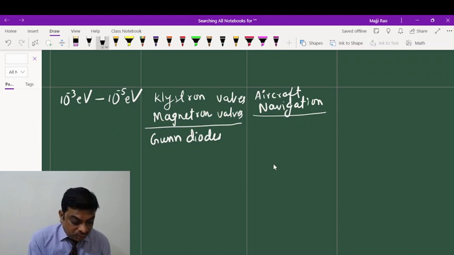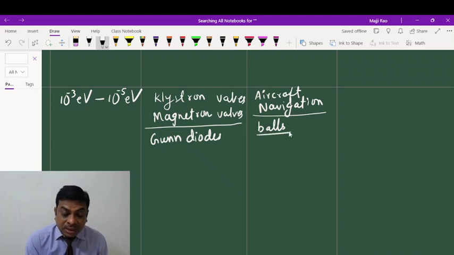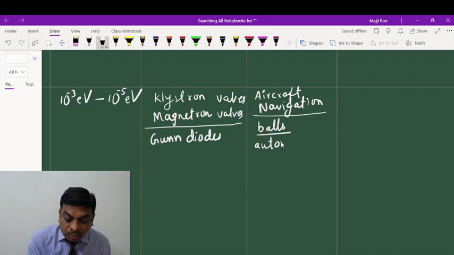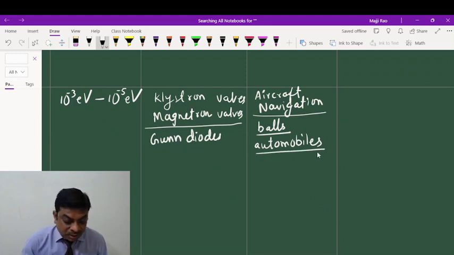So just to name a few, we can time cricket balls or even tennis balls, and also check the speed of automobiles if they are crossing the safe speed limit.